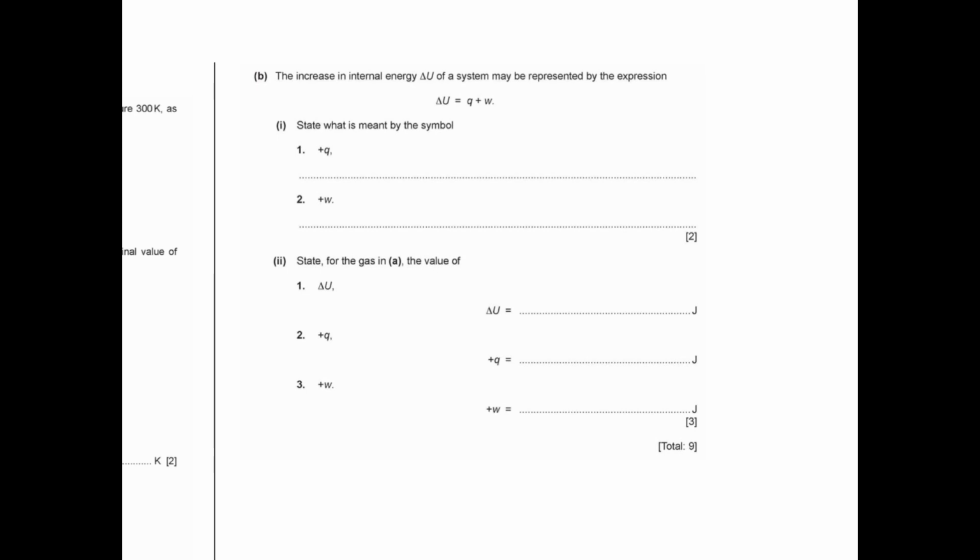The increase in internal energy delta U of a system may be represented by the expression delta U equal to Q plus W. So this is the first law of thermodynamics. State what is meant by the symbol positive Q. Positive Q means heating, or endothermic.